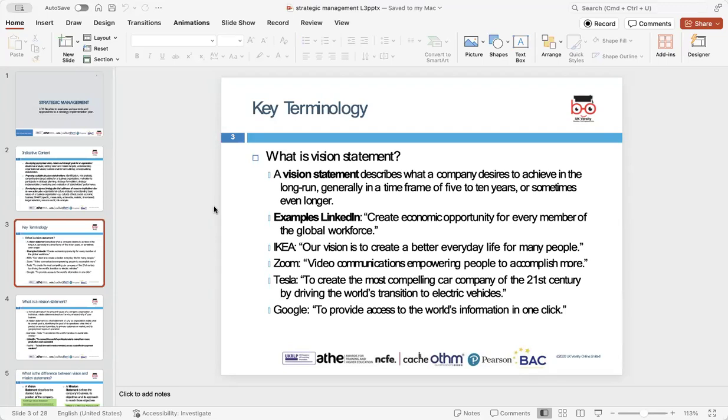For example, LinkedIn's vision statement: create economic opportunity for every member of the global workforce. IKEA aims to create a better everyday life for many people. Other examples include Zoom's vision to empower people through video communication, and also Tesla's ambition to transition the world towards electric vehicles.